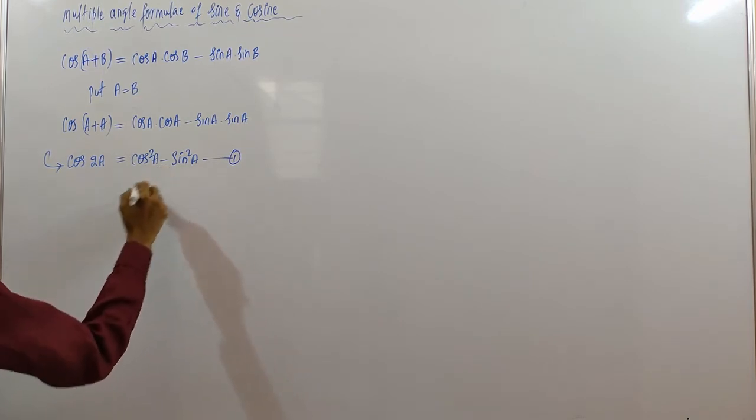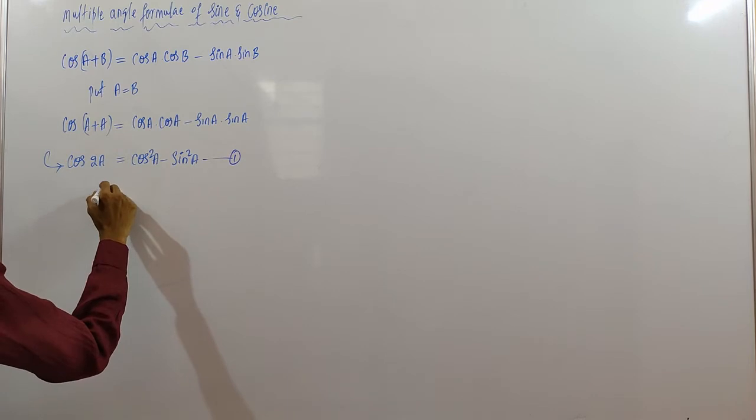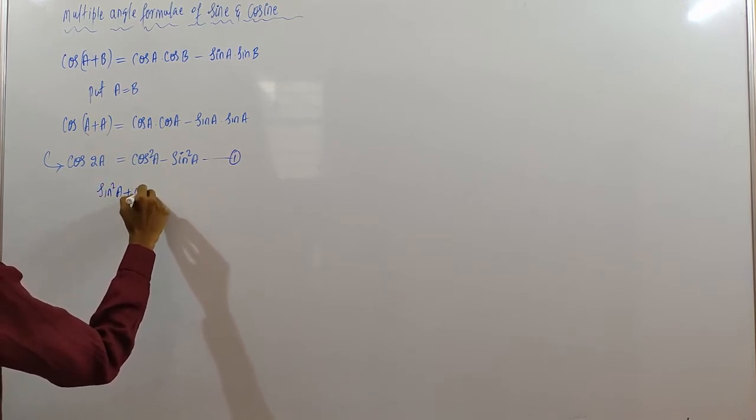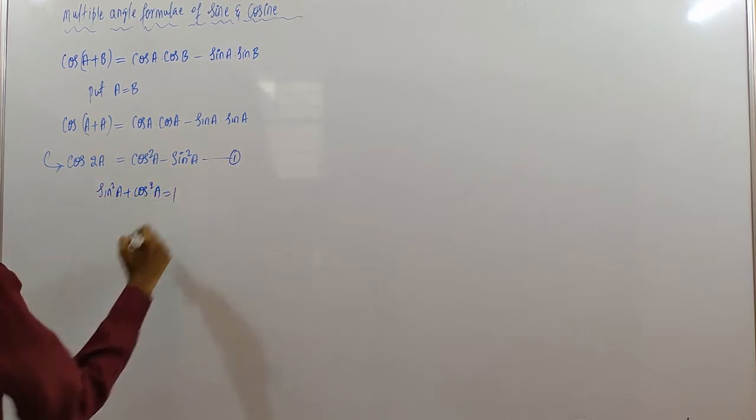Now we know the identity sin square A plus cos square A value is 1.